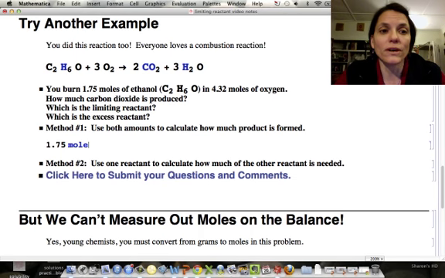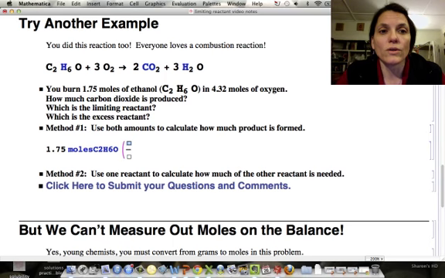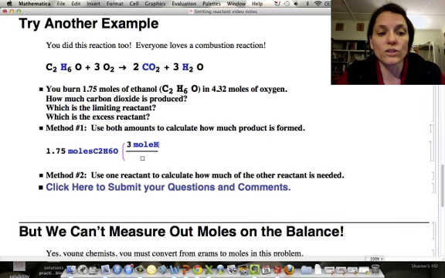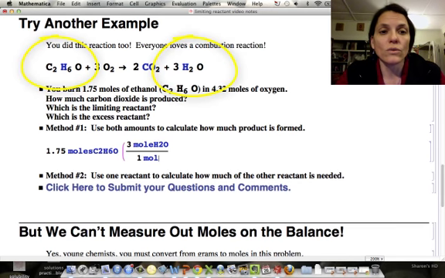We've got 1.75 moles of the ethanol, C2H6O, and we're going to figure out how much water. It's a 3-to-1 mole ratio, so 3 moles of H2O. Again, these mole ratios come from the balanced equation. 1 mole of C2H6O.